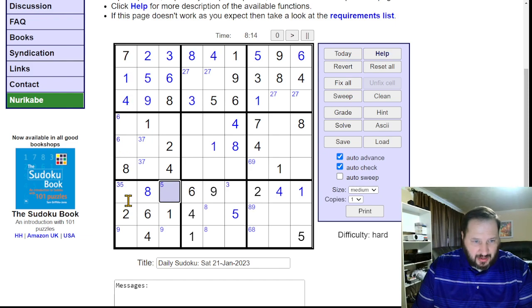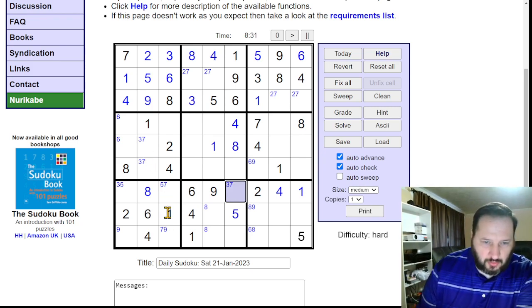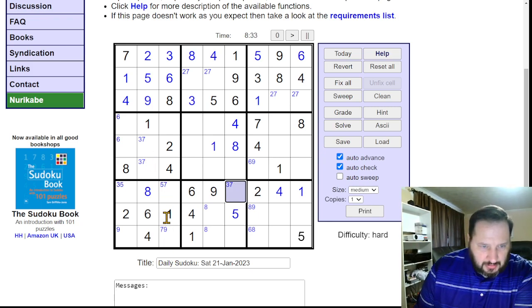Now a 7 cannot go on this left one, so 7, and we see how we have the 7 that goes here, so actually we can do a 7 here and a 7 here. So this row is done, and we know the 7 has to be down here, because that's the only place that it can go. All right, so that's this row. That's the row we were working on.